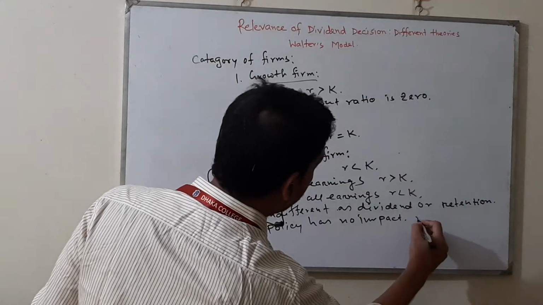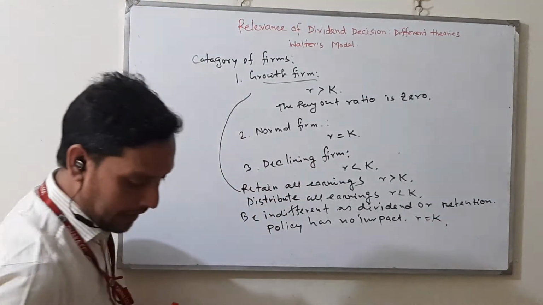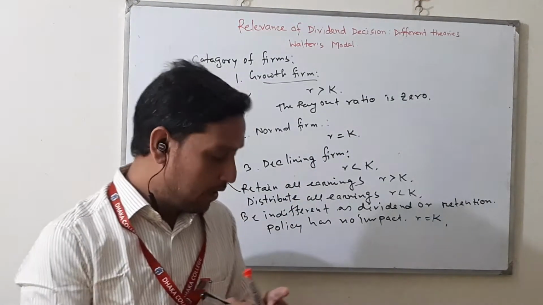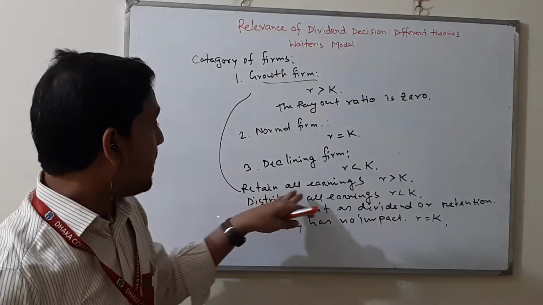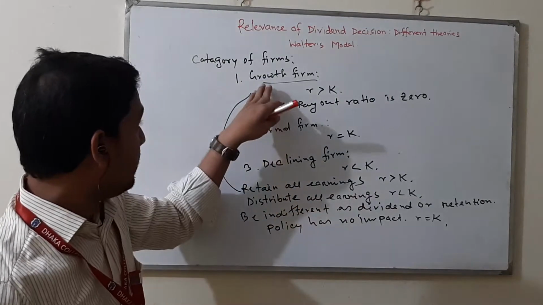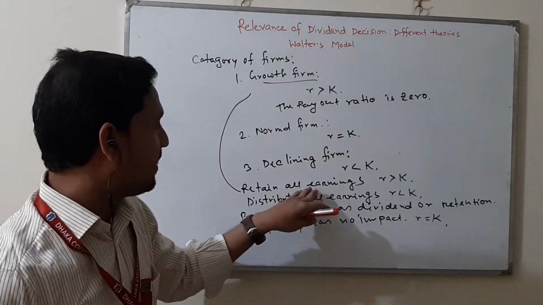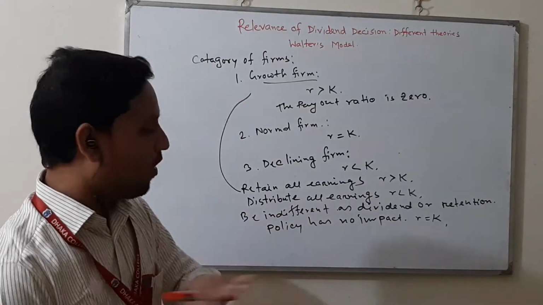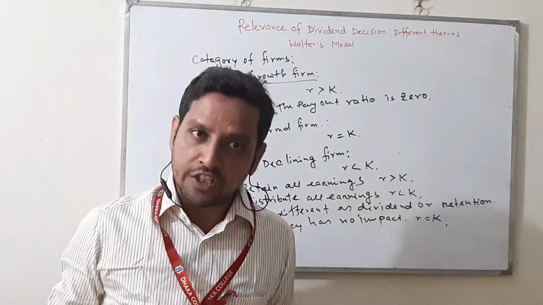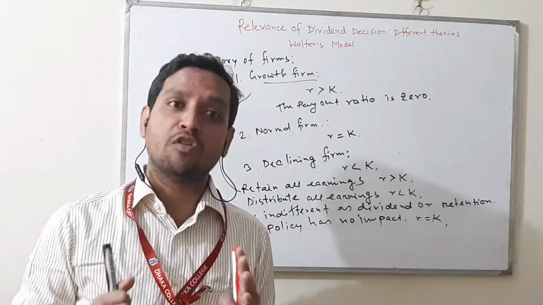Okay, so here R equals K. Here R equals K. So here we already learned that a growth firm retains all earnings and then distributes all earnings. I mean all of the earnings will be distributed among the shareholders.